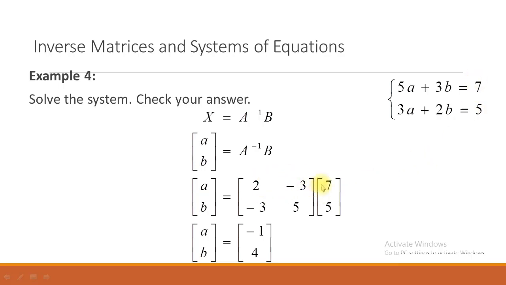So multiplying these two matrices, we obtain -1 and 4. So in this system the value of a is -1 and the value of b is 4.